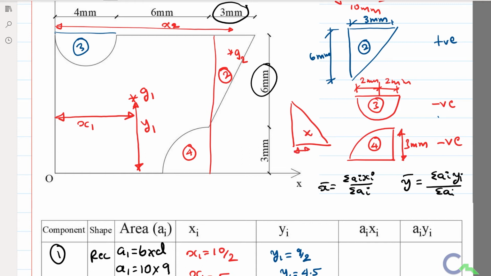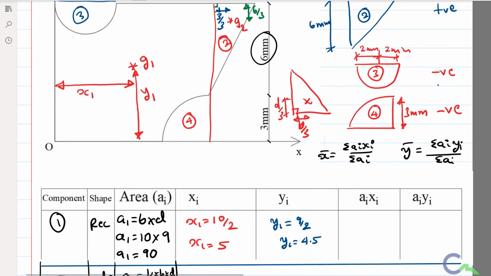So this distance will be B by 3 and vertical distance will be D by 3 from this right angle, that is base by 3 and height divided by 3. Therefore this distance I can take, that is 3 by 3. Then vertical distance I can take, that is 6 by 3 from this 90 degree.